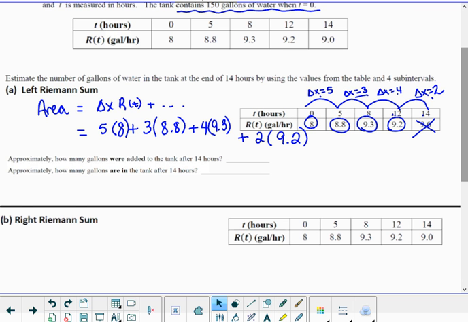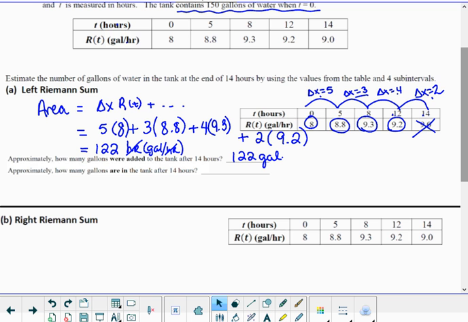Approximately how many gallons were added after 14 hours? Well, if I add this up, which I have done for you, I came in with 122 hours times gallons per hour, which is going to be gallons. So I had 122 gallons.